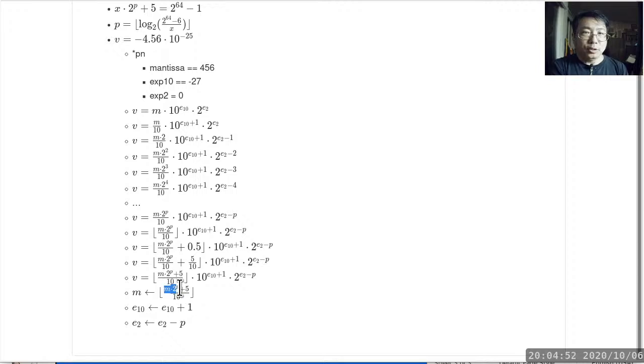In other words, you just want to make M larger and larger and then make E2 smaller and smaller until you can't do that anymore, until M is a really big number, using all 64 bits of the integer. Then you go ahead and divide it by 10 and increase E10 by 1. And then you check whether E10 is still negative. If so, go for another iteration. That is the general strategy of this homework assignment.